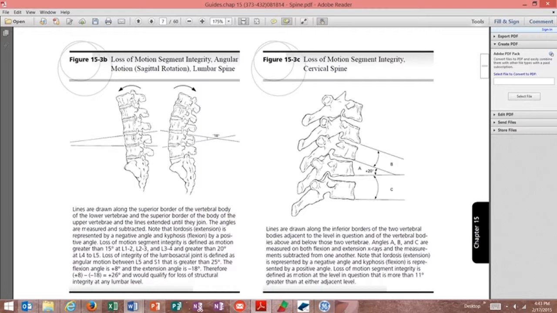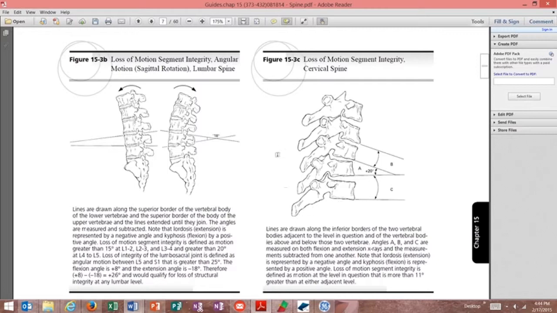It may be that L4 and L5 fail to reverse the lumbar lordosis, and they remain in a negative angle. So you need to track your angles very carefully. In the cervical spine, we don't use the superior end plates, but here we use the inferior end plates to make our angular measurements.